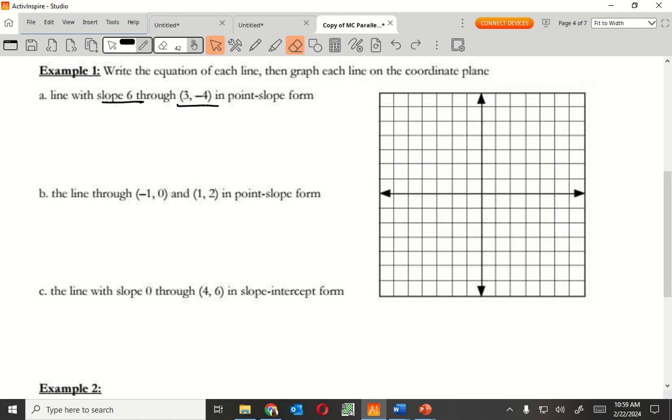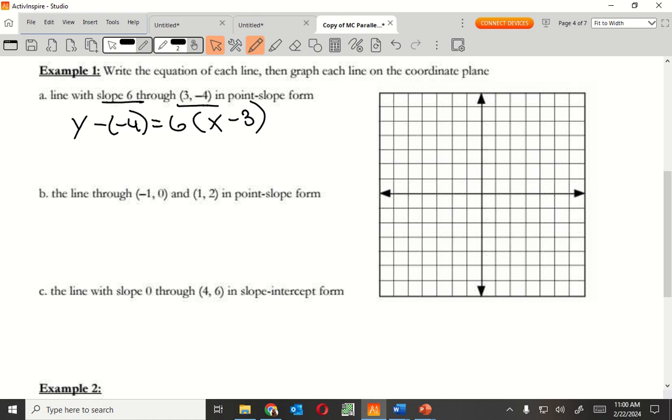Given that much information, I'm just going to plug in my numbers. y minus, what is y from the point that's given to me? Negative 4. It's alphabetical order, x and y, right? So it's going to be negative 4 equals my slope, m. My slope here is 6 times the quantity of x minus x from my point. What was the x value in that point? 3. There we go.